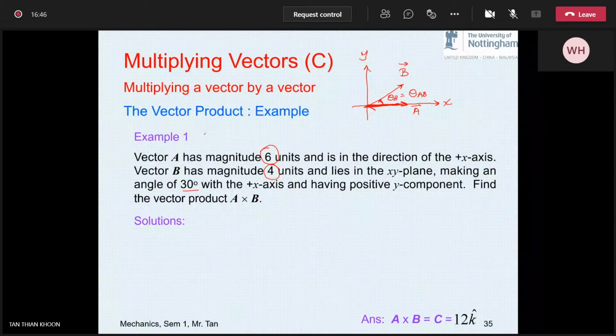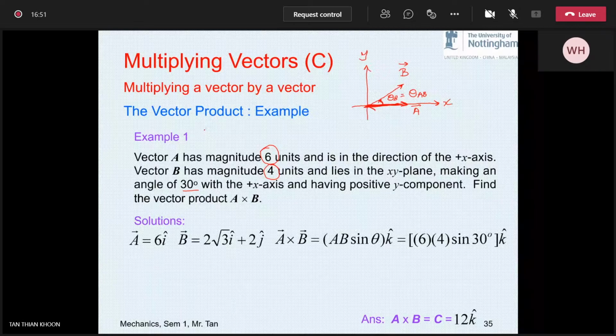So this is the easiest for us to solve. We have the vector A, we have the vector B. Therefore, A cross B has magnitude AB sine theta, and the direction is found using the right hand. You see, A and B are in the XY plane, so there will be a z-axis. If you take A cross B, we will obtain the resultant in the z direction.